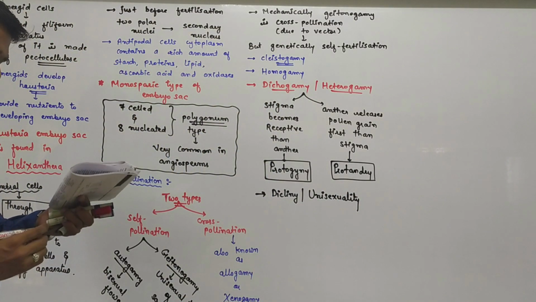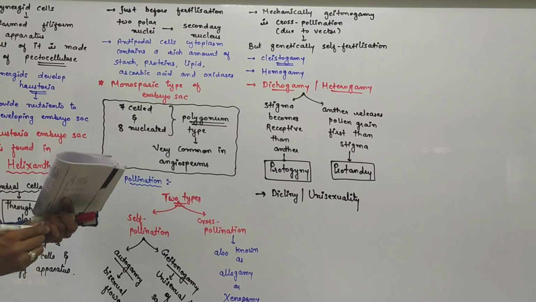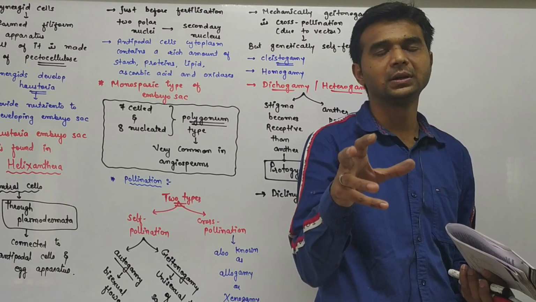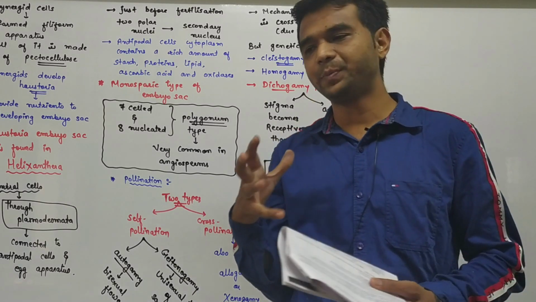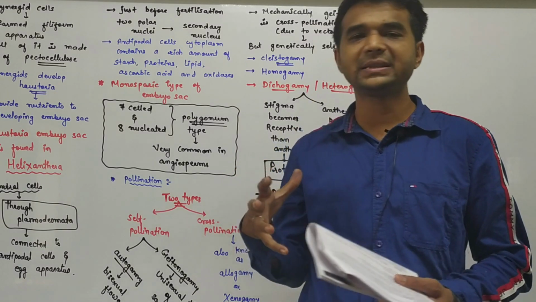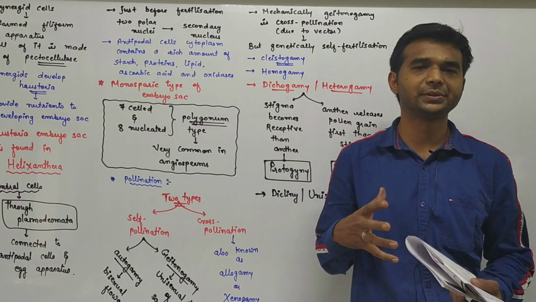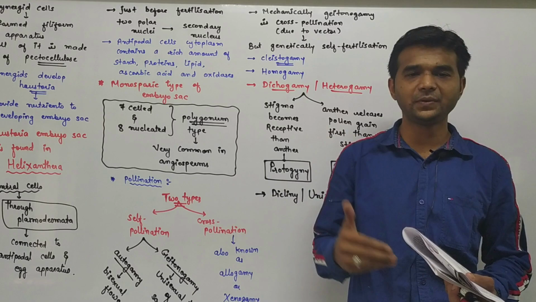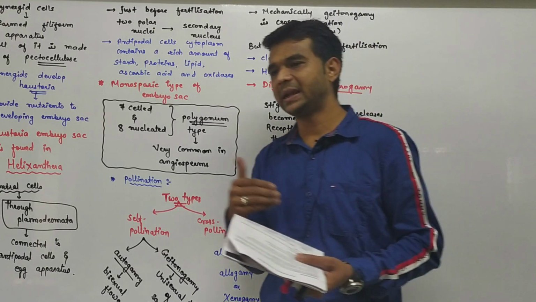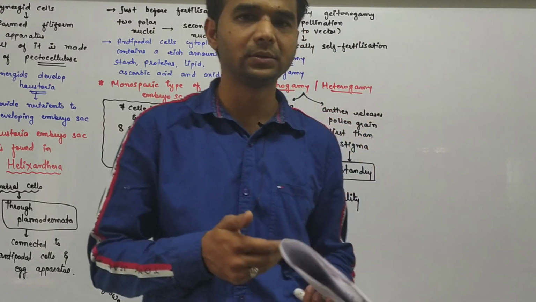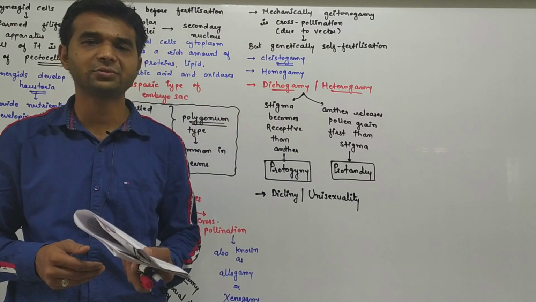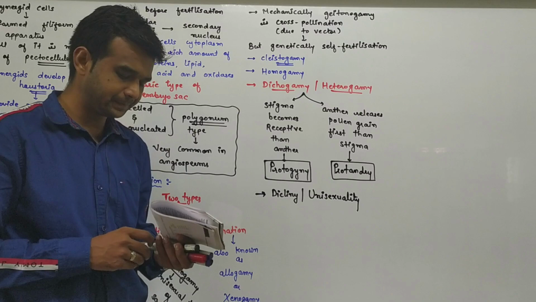Some flowers are unisexual, so that flower possesses only one whorl. So if the male reproductive part is only there, we say this staminate flower, also known as male flower. But if you think about the gynoecium or carpel or pistil, that female flower is also known as pistillate flower.